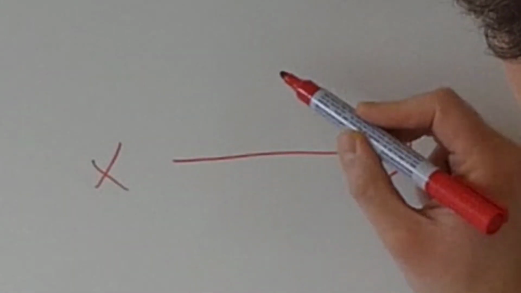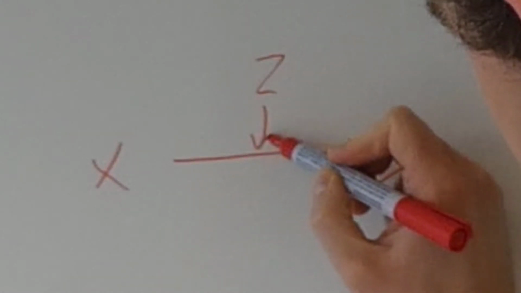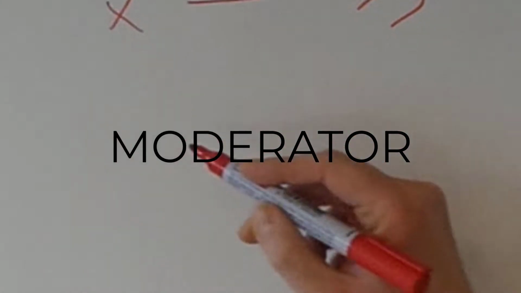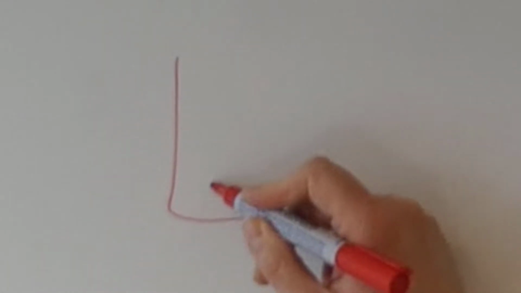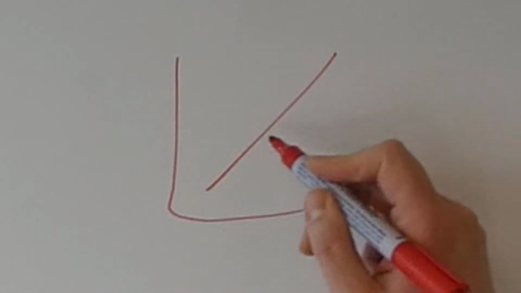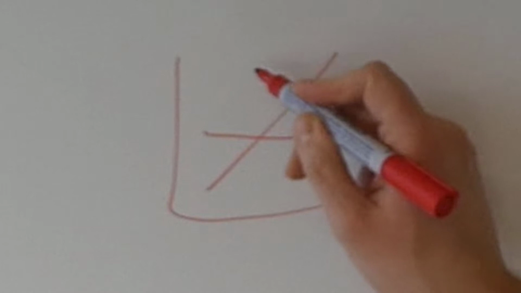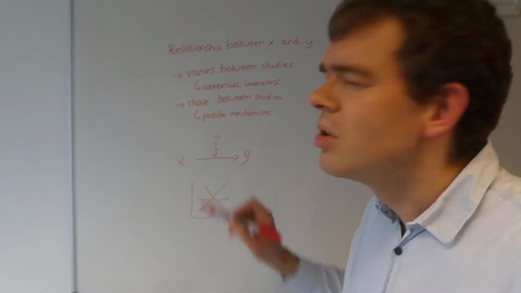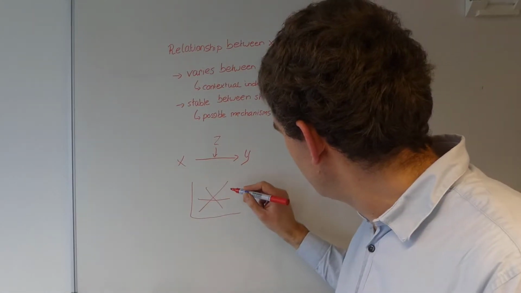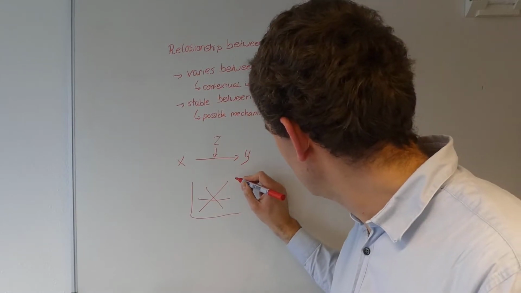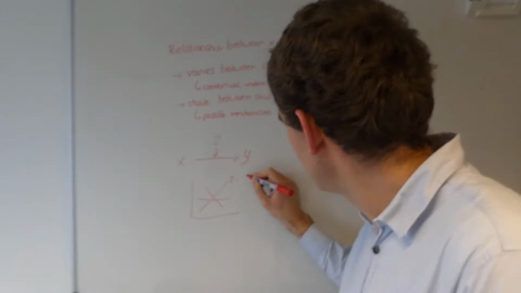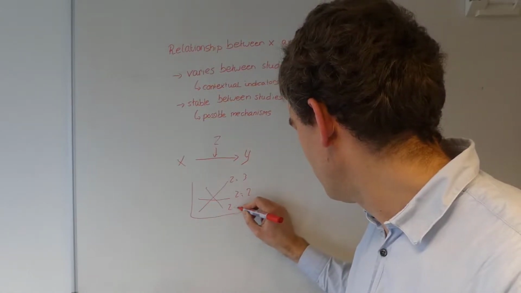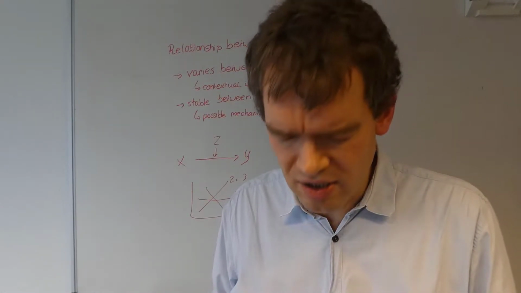Now you could hypothesize on contextual variables, potential moderators, that may explain why in some cases the relationship turns out to be positive, in other cases it is perhaps an absent relationship, and in yet other studies you find a negative result. And this could be because an unobserved variable in previous research turns out to take on the value, doesn't really matter, 3 in some studies, the value 2 in others, and the value 1 in yet other settings.